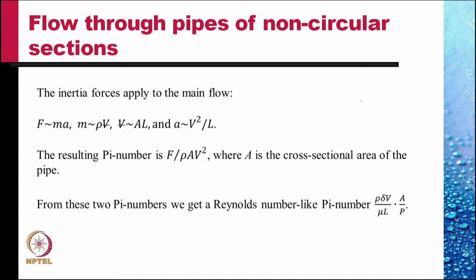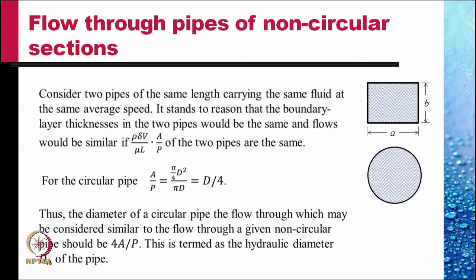The new estimate of the shear forces and a new estimate of the inertial forces give you a Reynolds number like pi number, which is rho delta V divided by mu L into A by P. Consider two pipes of the same length carrying the same fluid at the same average speed.